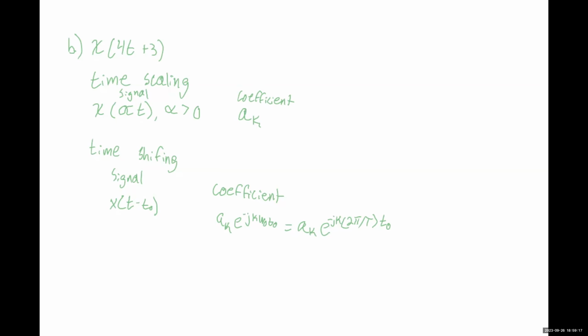And now this coefficient looks like a mess. So how do we solve this? We can identify our T naught value. It's going to be equal to -3, because we have a t minus t naught here, and we have a plus up here. It has to be -3 to get that plus value. So T naught is equal to -3.